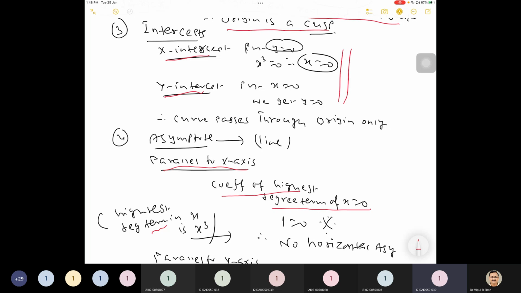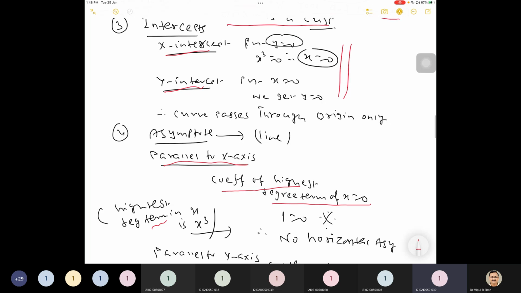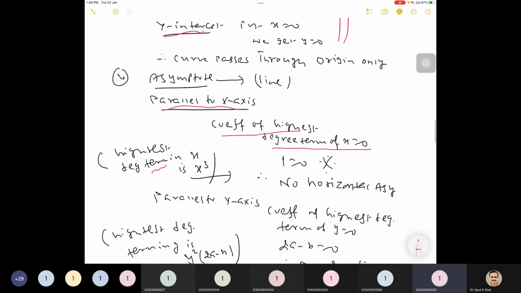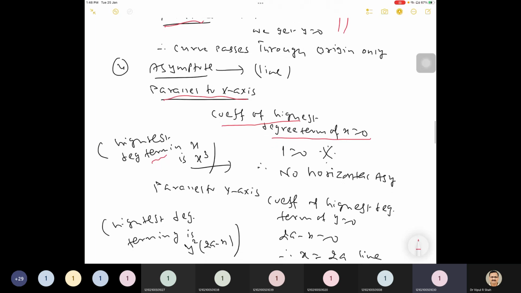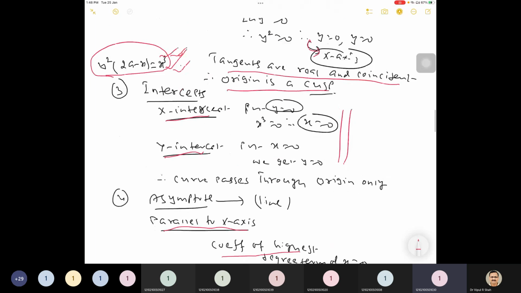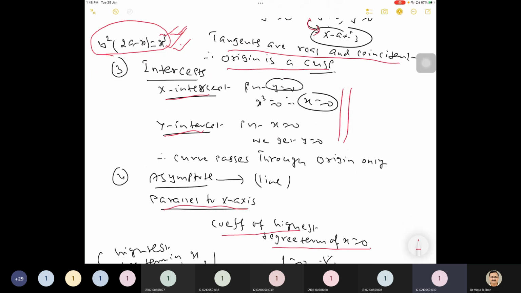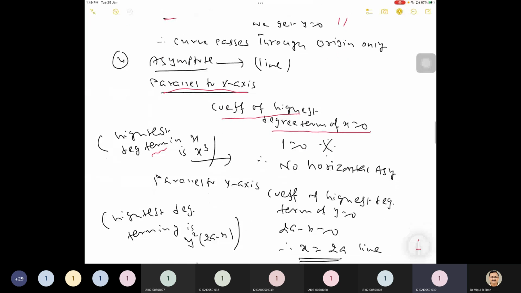Now for vertical asymptote. Again, highest degree term in y. See, this is the equation. What is the highest degree term in y? Y square into 2a minus x is the highest degree term in y, and its coefficient we need to make it 0.